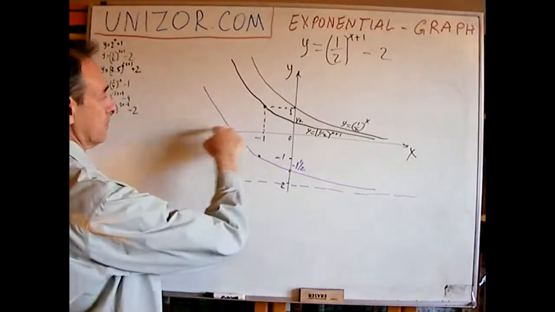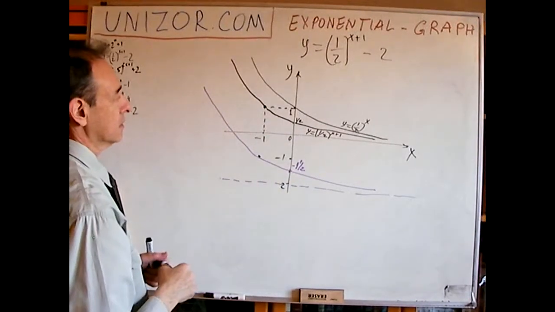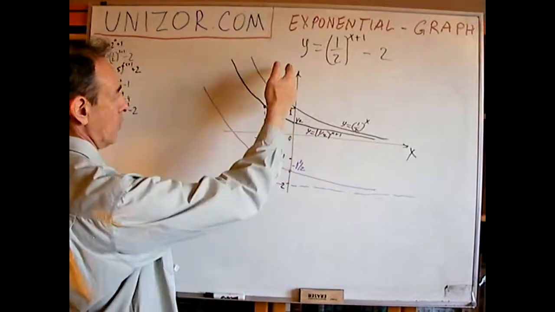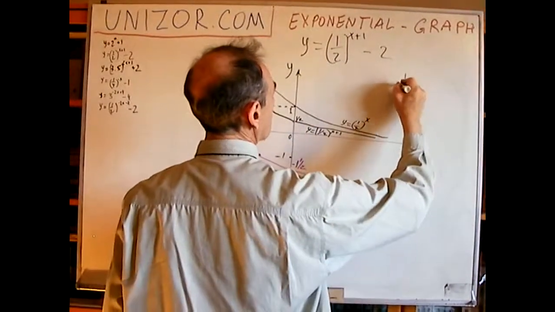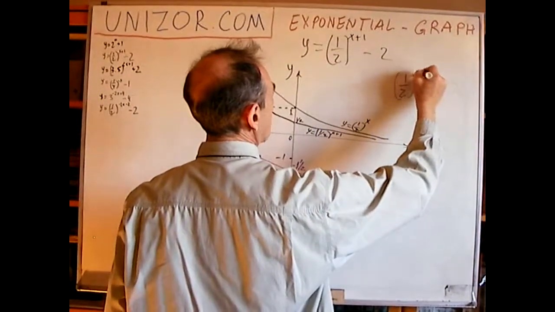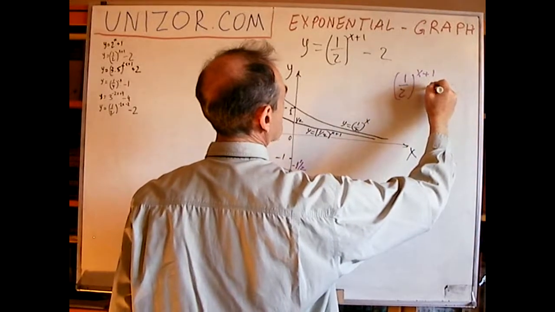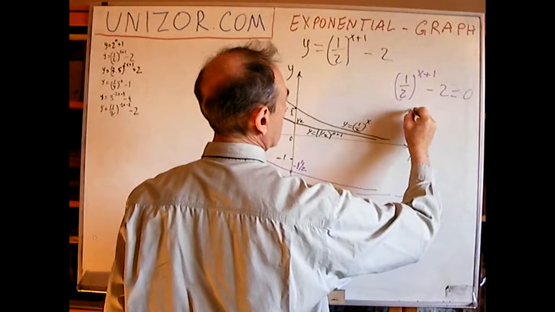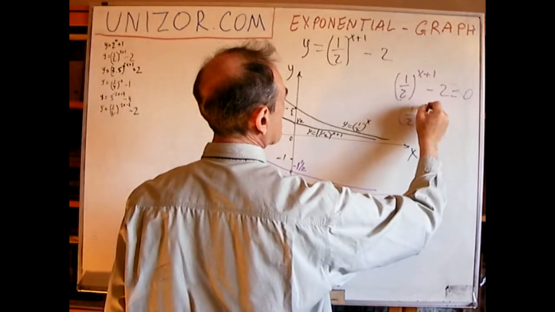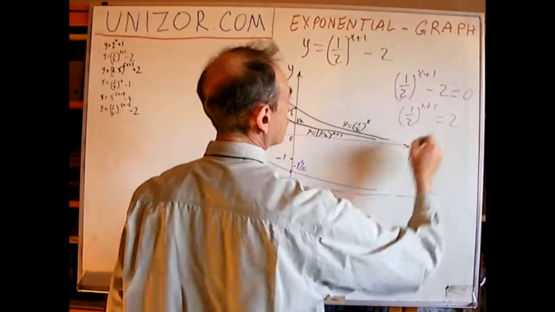That's interesting. When exactly it crosses the x-axis, when y is equal to 0. Well, if y is equal to 0, 1/2 to the x plus 1 minus 2 should be equal to 0. So 1/2 to the x plus 1 equals 2.